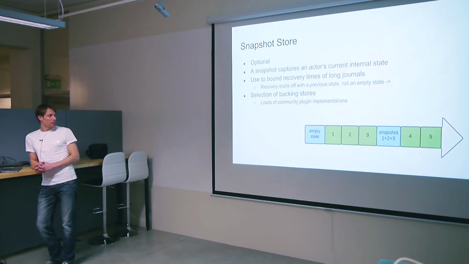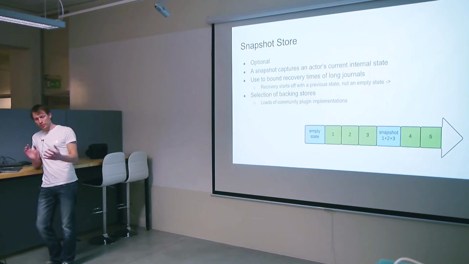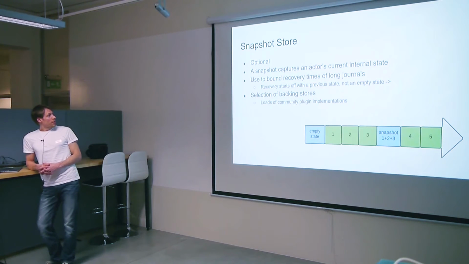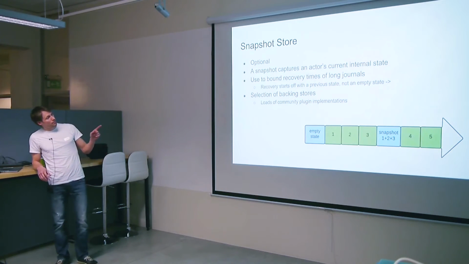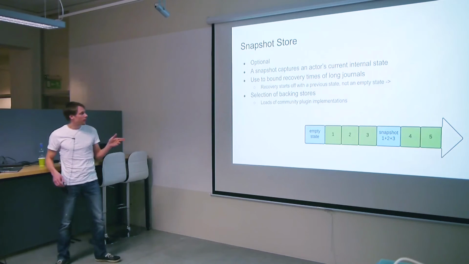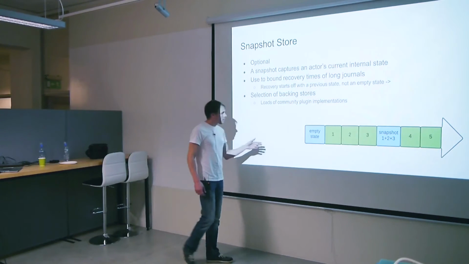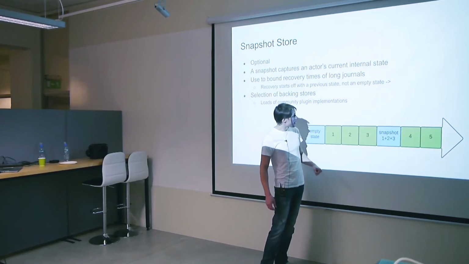Whenever an application starts, you will have a lot of events to be replayed and applied sequentially in order to rebuild the current state. So snapshots could be used to record a snapshot of an application state at some point. For example, in this case, we started with an empty state. There were three events modifying the state.